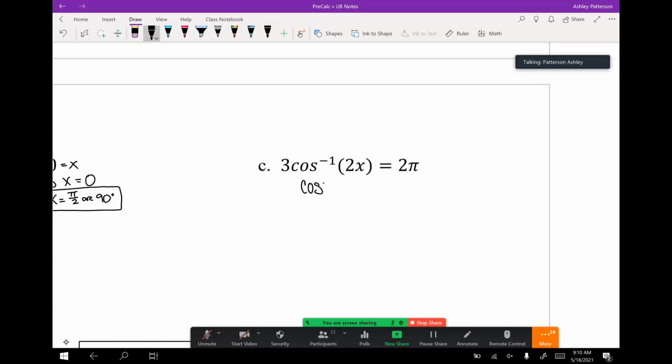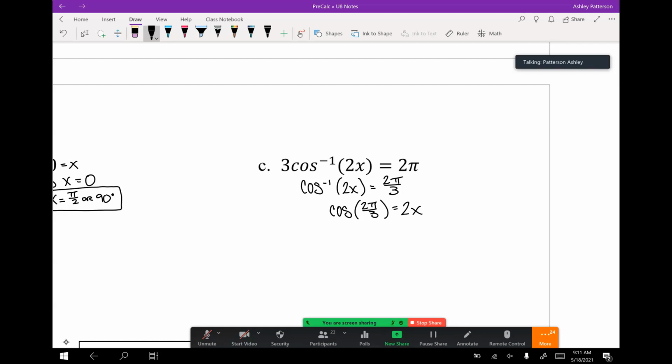We get the inverse cosine of 2x is equal to 2 pi over 3. Don't worry about the fact that there's a 2 being multiplied to the variable. We'll deal with that. Right now, I'm going to rewrite this as the cosine of 2 pi over 3, and it's equal to 2x.